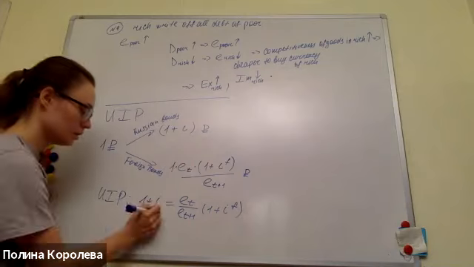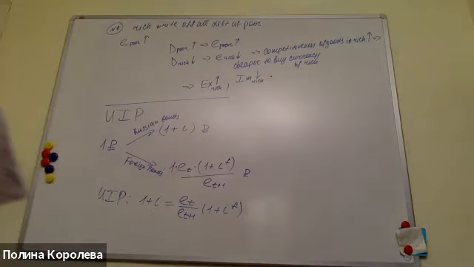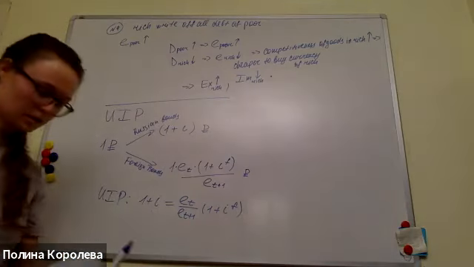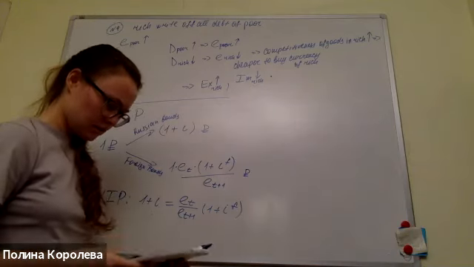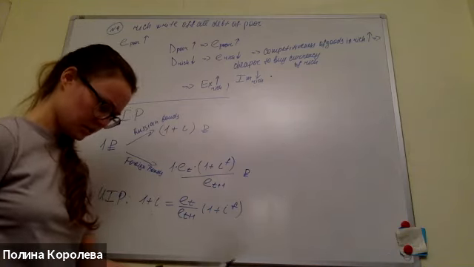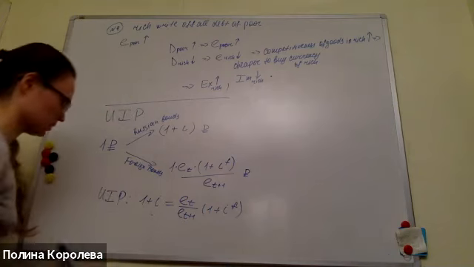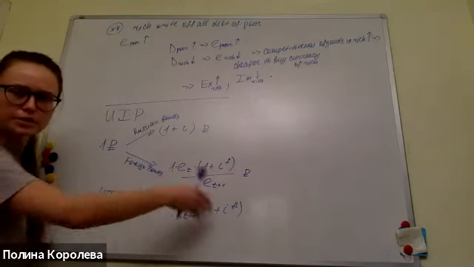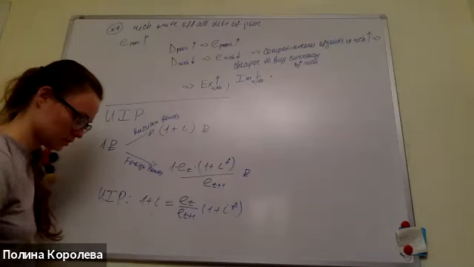And if you make some calculations, you will have another formula for uncovered interest parity. You should take the logarithm and revert it a little bit.